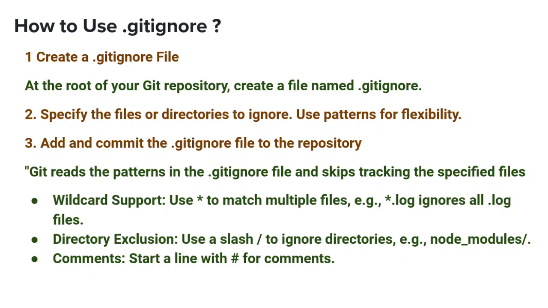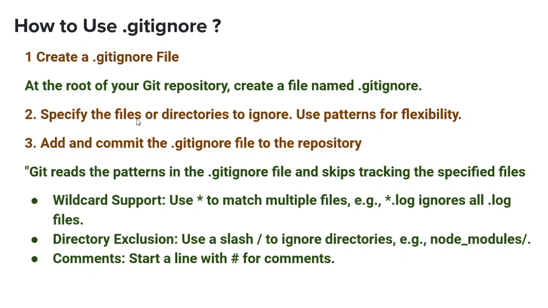Then the question comes, how to use .gitignore? So the first step is we have to create a .gitignore file in your project. Whatever project you are working upon, at the root of your Git repository, we have to create a file named .gitignore.